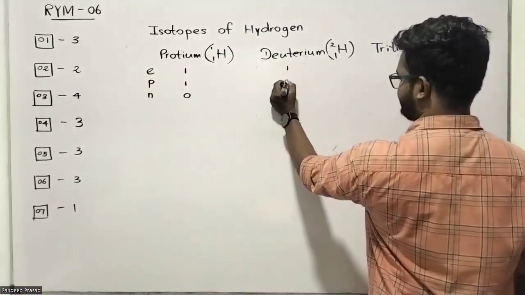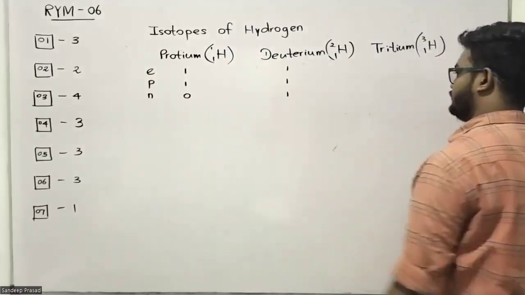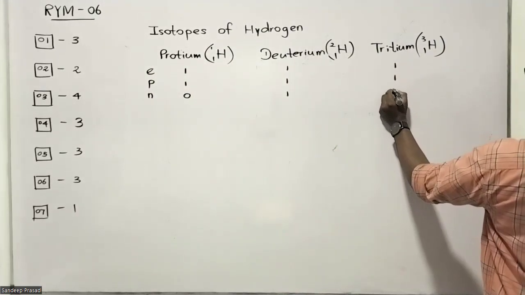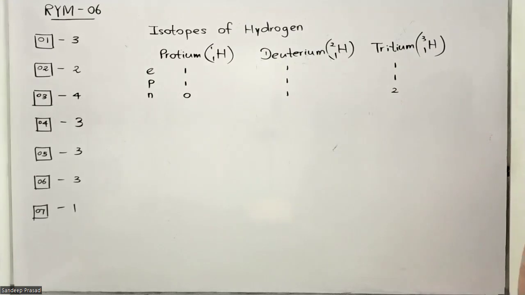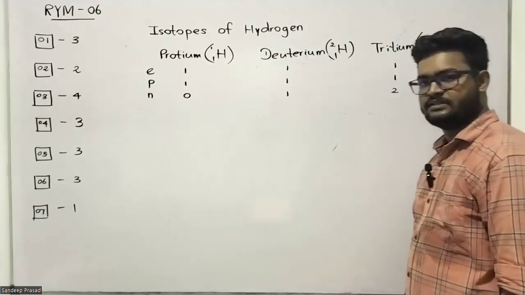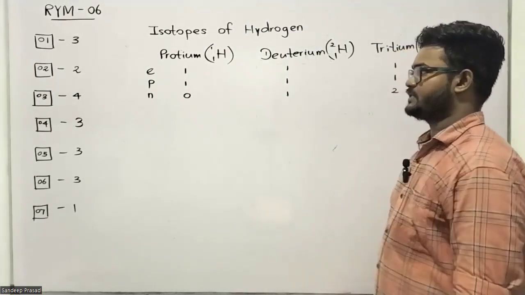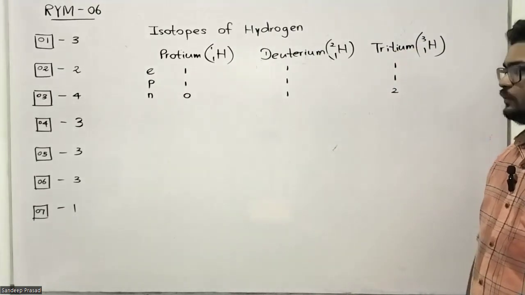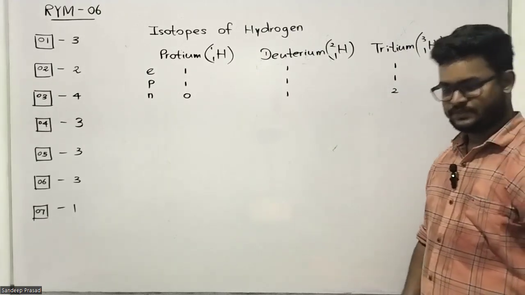Deuterium, 1 electron, 1 proton, 1 neutron. Tritium, 1 electron, 1 proton, 2 neutrons. When the mass number changes, we get isotopes of that element. The neutron count is changing, no? Therefore, we have 3 isotopes.